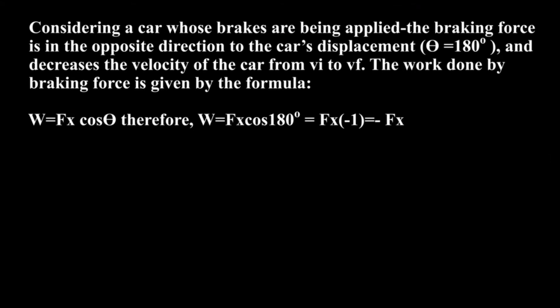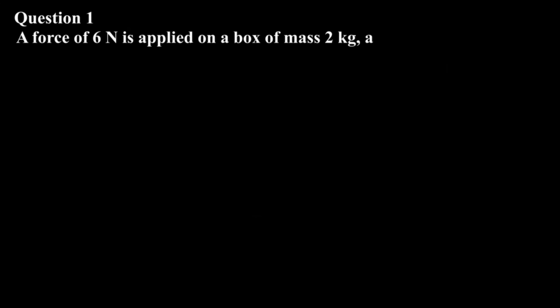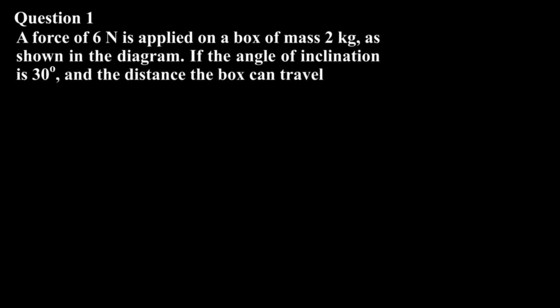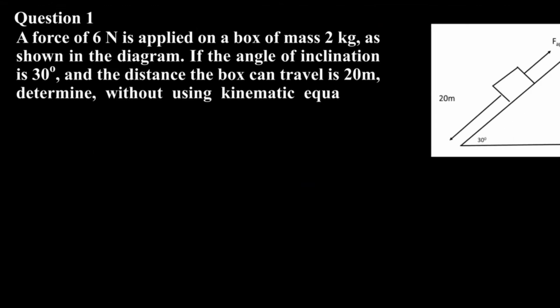Now let's try and look at some problems. So let's look at question number 1. It's time for questions. Question number 1. A force of 6 newtons is applied on a box of mass 2 kg as shown in the diagram.